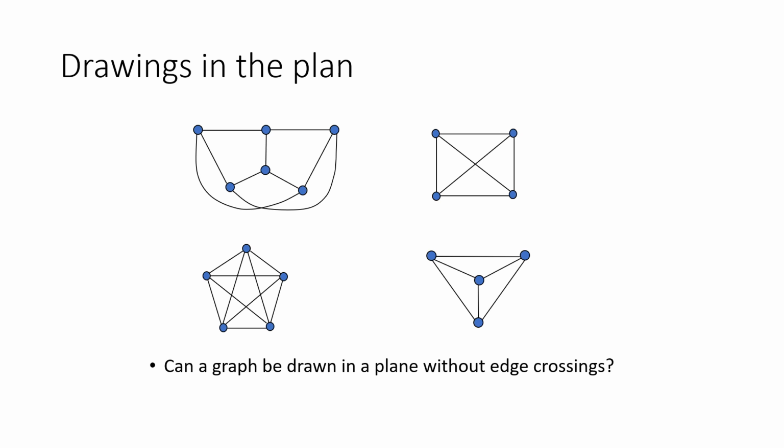Now consider the four graphs given here. We have to check whether these graphs can be drawn in a plane without edge crossings. In the case of the first and fourth graph, the edges are already drawn without intersecting each other. So they are planar graphs. In the case of the second and third graphs, there are intersecting edges. So we have to check whether these edges can be drawn without intersecting each other.